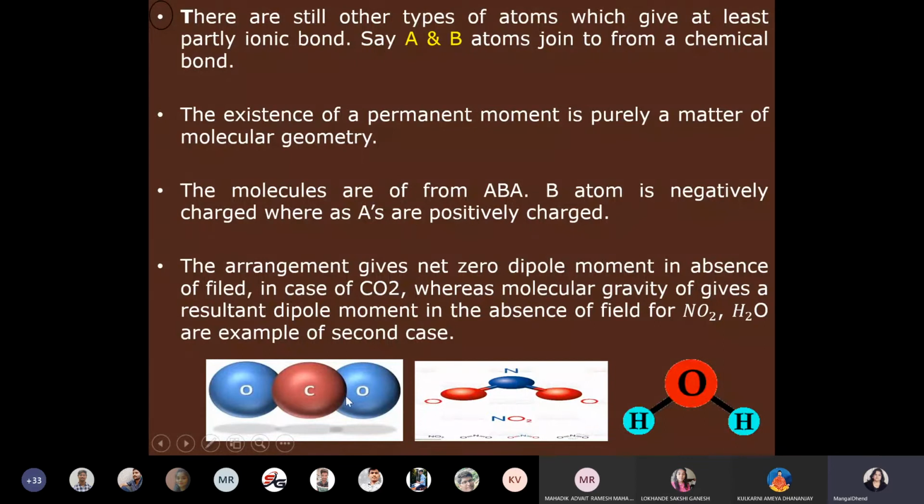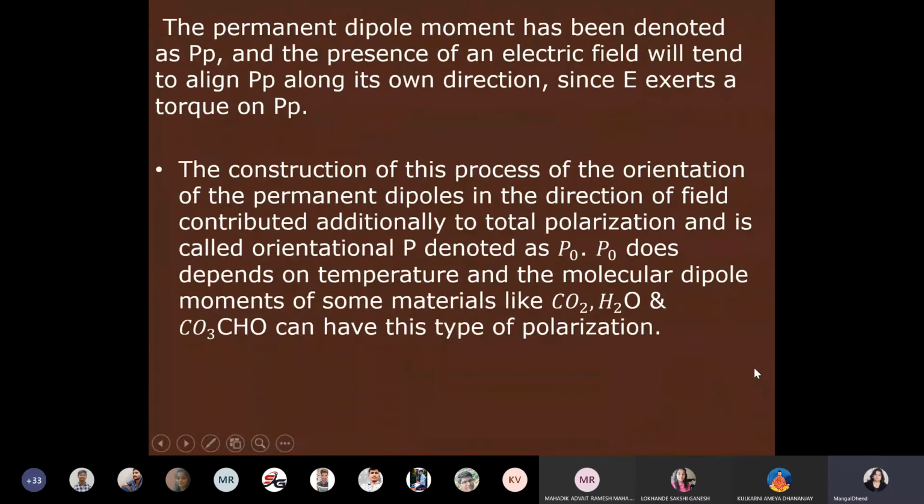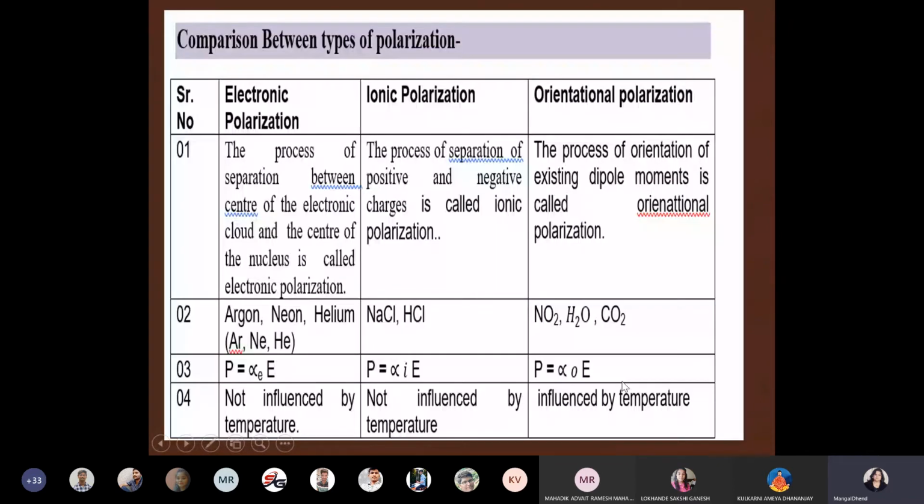Here it is 0, equal and opposite. But here you have to plot the resultant of this. So do it by parallelogram and the resultant will be here. So in this case, dipole moment is there. Net resultant dipole moment. In H2O also, net dipole moment is there. But this net resultant dipole moment will orient itself in the direction of the applied electric field. So that will be orientational polarization.